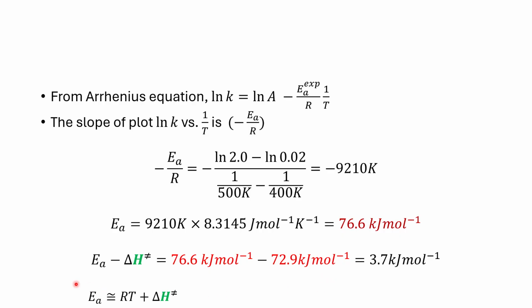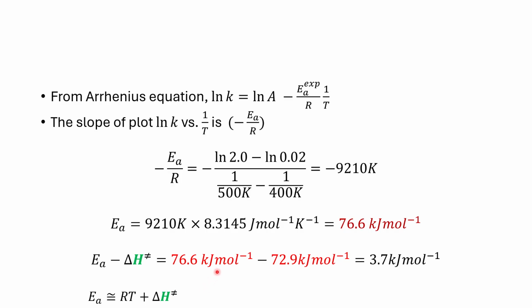The difference between Ea and delta H is 3.7 kilojoules per mole. This difference confirms the derived theoretical relationship for this type of reaction, the unimolecular reaction, based on the earlier derivations, with Ea approximately equal to RT plus delta H.